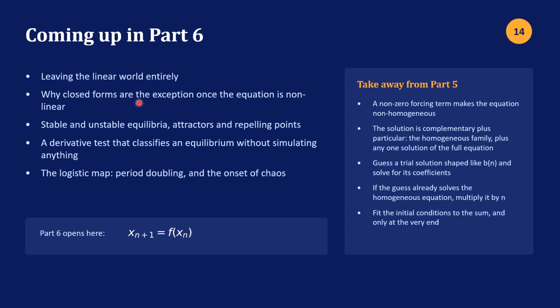Closed forms are the exception once the equation is nonlinear. Stable and unstable equilibria, attractors and repelling points, a derivative test that classifies an equilibrium without simulating anything, and then there's something called a logistic map, and we'll talk about that too.